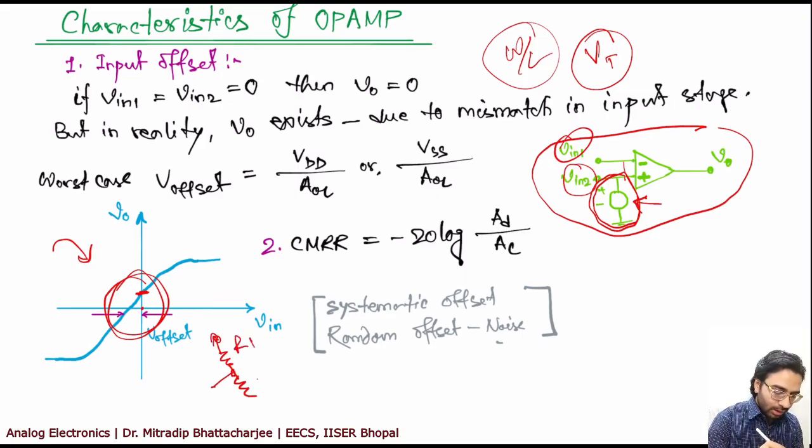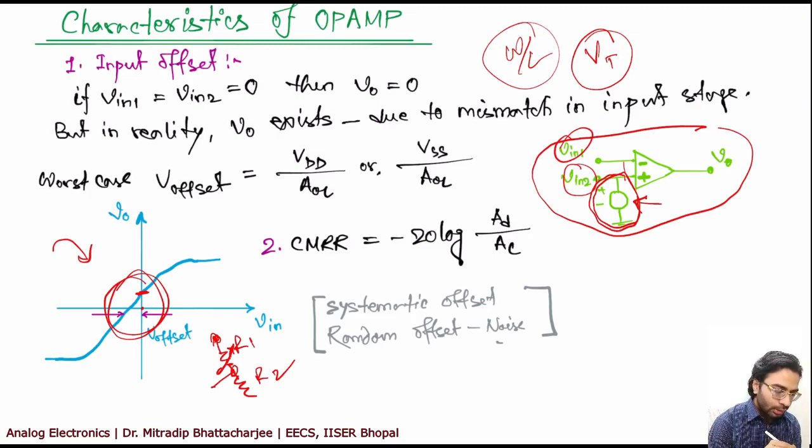You decide your R1 and R2 value, connect these 2 points to the input side, so that by changing this R1 value, you can set your offset point. Okay, you can nullify your offset. So just put a resistive circuit inside and decide what will be your R1 and R2 value, and you just nullify your offset. Okay, this is what we do in circuit.